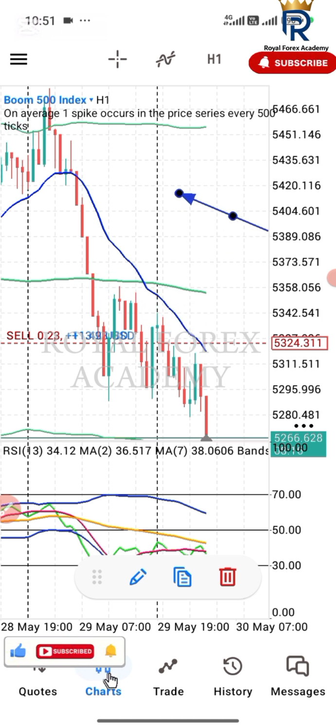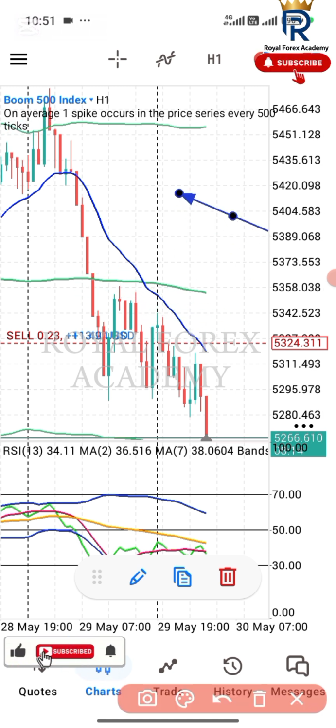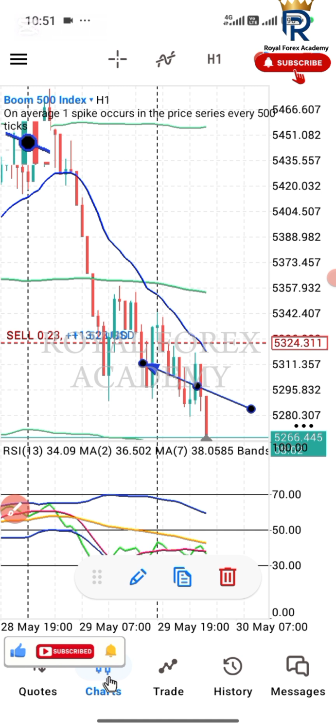So we need additional confirmation. We want to see price action move back to respect this zone. And obviously, as you can see, price went back, we got that rejection, and then we had a series of bearish candles.